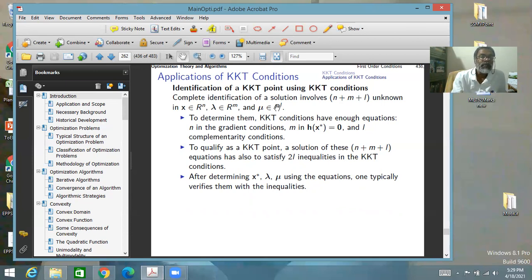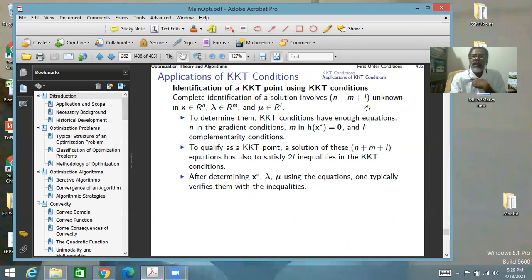So KKT conditions give you these many equations. Because the gradient condition gives you n equations. This feasibility condition gives you m equations. And for G, they don't give you equations, but the corresponding complementary conditions give you that many equations: mu j g j equal to 0.